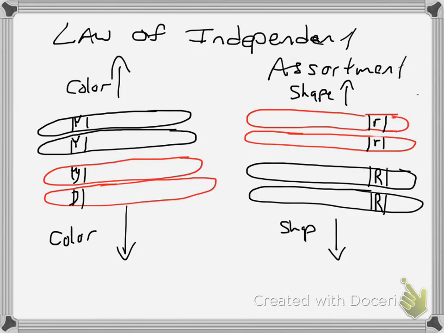Now, these things can flip-flop in how they line up. Either of them could do this, so we can get different combinations. What that is saying is that you don't have to segregate the dominant color with the dominant shape. You don't have to move the wrinkled shape with the yellow or the green color.